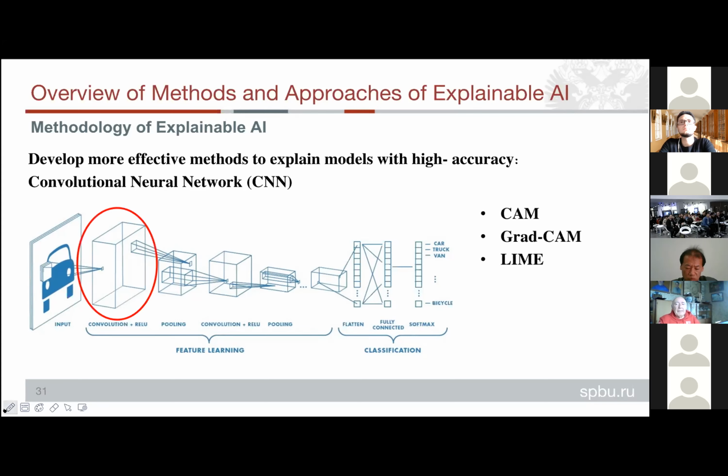In this report, I will briefly explain the convolutional neural network and introduce three methods used to explain the convolutional neural network. They are CAM, Grad-CAM and LIME.